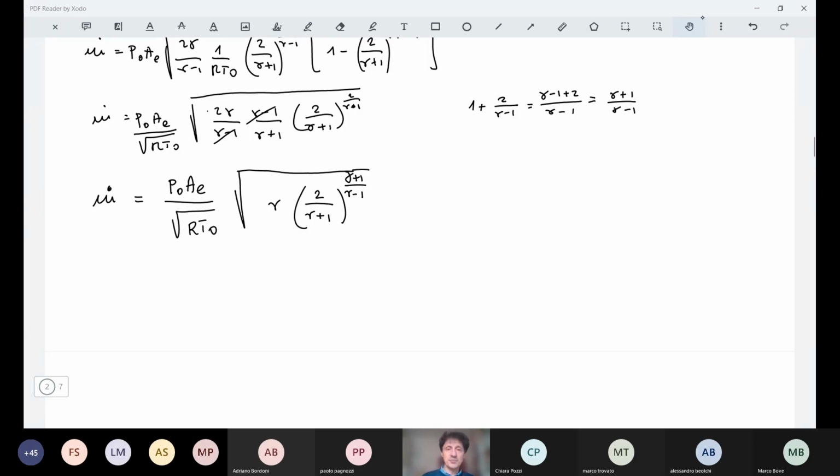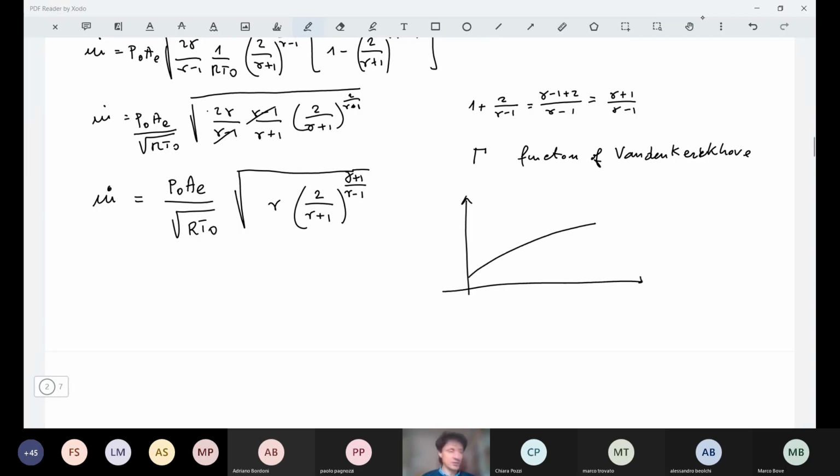And this function of gamma, we will call this capital gamma, and this is referred to as the function of Vandenkerckhove. And it has a little variation, little change in our range of gamma.